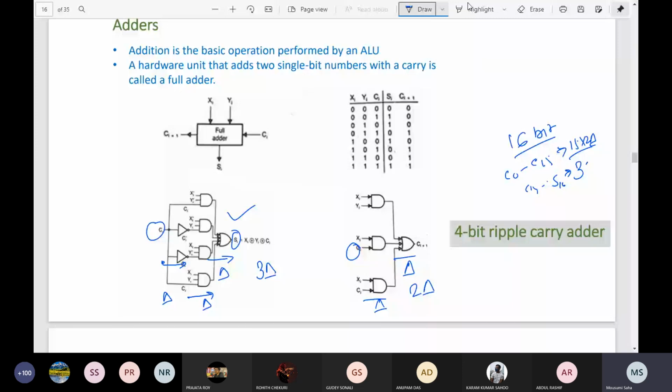So ultimately you will have 33 delta time. In this fashion you can compute the total delay. That depends on the structure of your adder circuit.